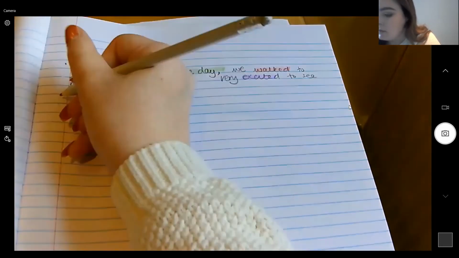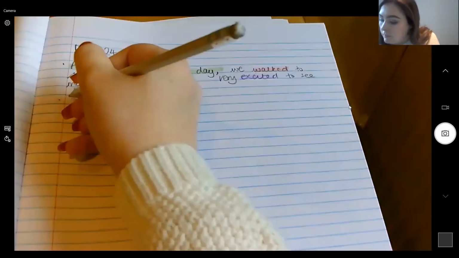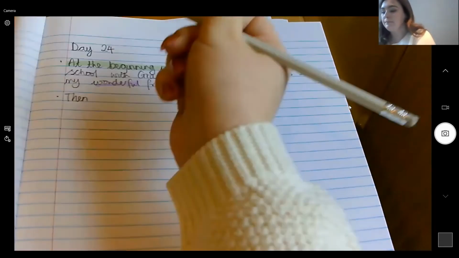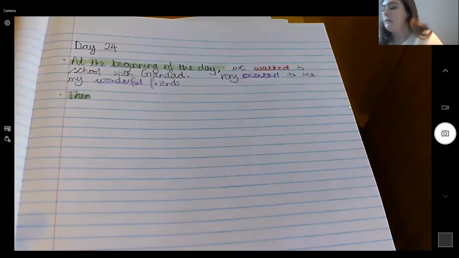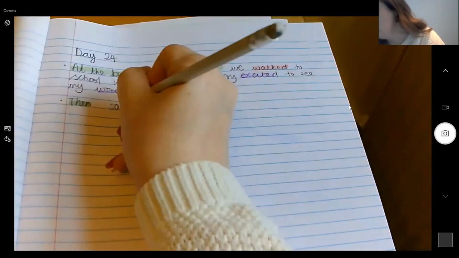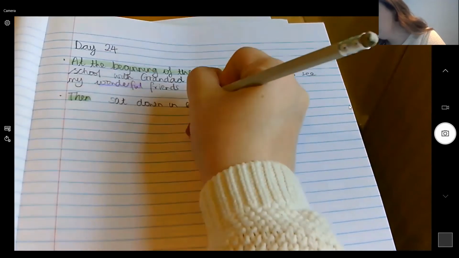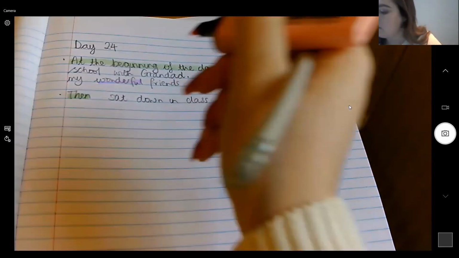So next I might talk about the fact that we sat down into class. So I'll be using my fronted adverbial of time, which is then. We're going to say sat down in class. That's my past tense because I said I sat down in class.